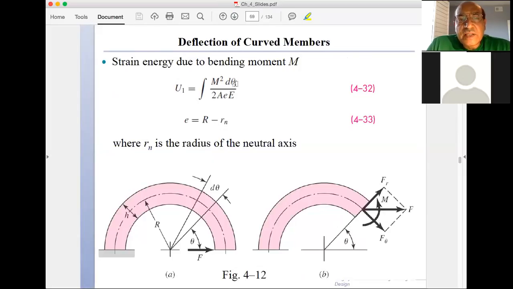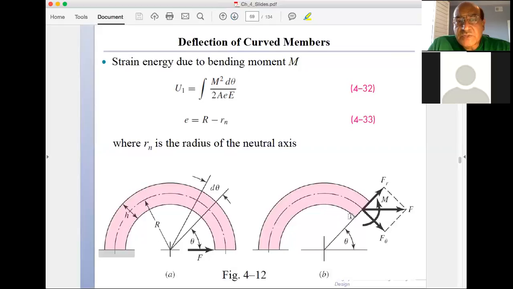So if you go back to the lectures, we used to have an r d theta, where it's a line integral, and there's an r downstairs here that canceled out, so we have M squared d theta over 2AeE. And e is the eccentricity, the difference between the centroidal radius and the neutral axis. So we have to do a little computation for the neutral axis. So this is one component.